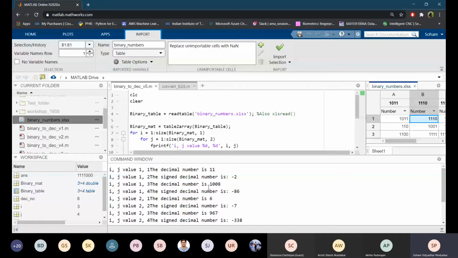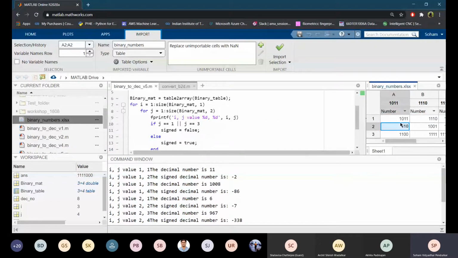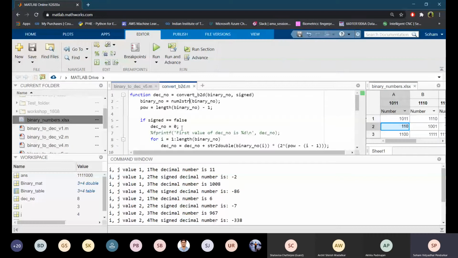So we know 110s. So first, and what was the condition? Yeah, first and third column are unsigned, right? So 110 should correspond to 6, but it is giving out 11. So again, there is an issue. Num to str binary number.